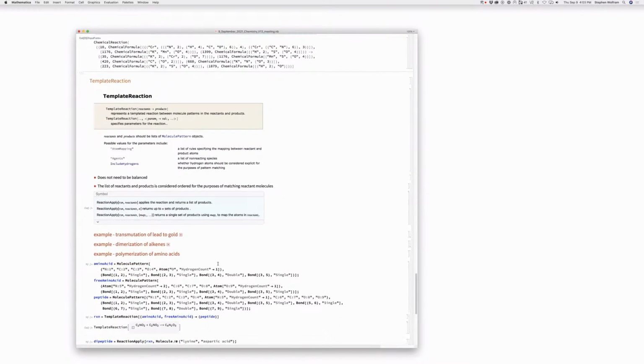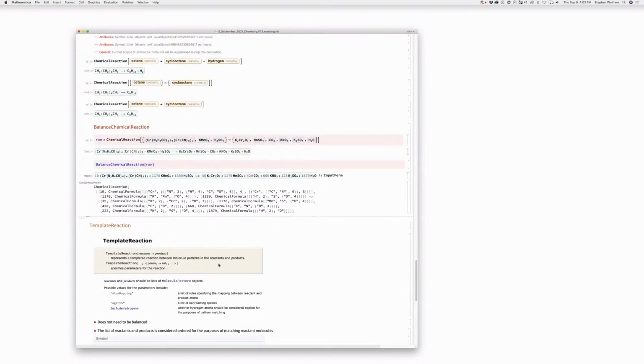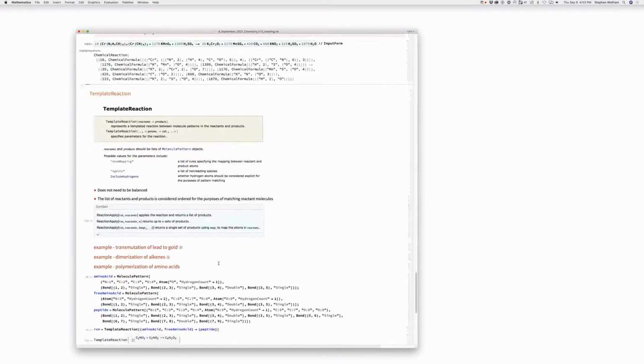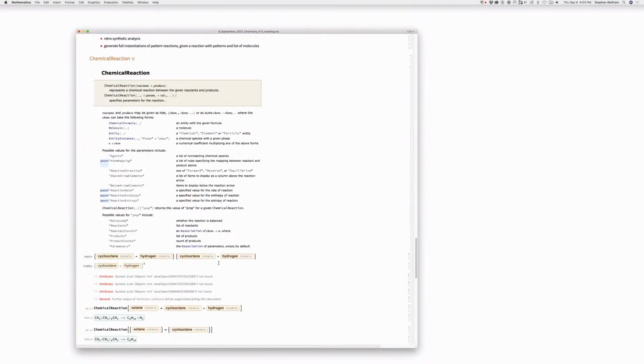But I mean, the general idea of two different data structures for this. Why isn't it just pattern variables in the chemical reaction? So that would be the other alternative, to have one object. It would be chemical reaction, and if it had molecule patterns as the reactants and products, then reaction apply would work.